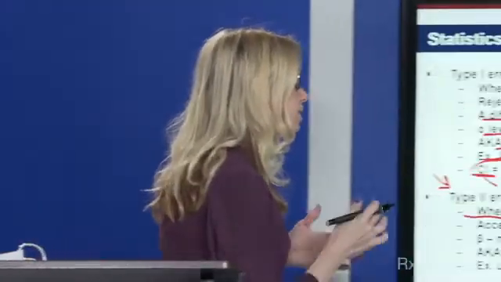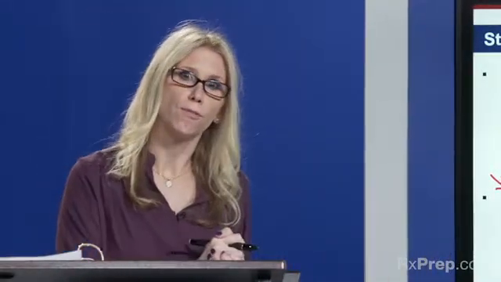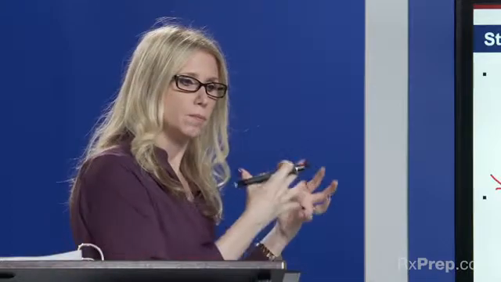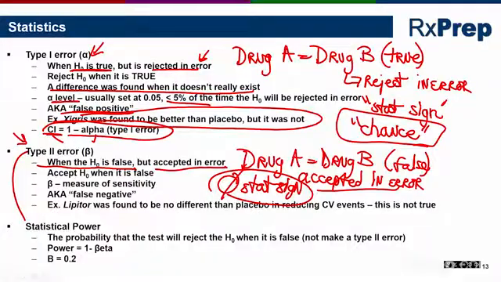Power, statistical power. The study that was done was underpowered. It didn't have enough patients. It didn't have enough events. So therefore, it wasn't properly done with enough events or enough patients to have the power to show statistical significance. So type 2 error goes hand in hand with statistical power.